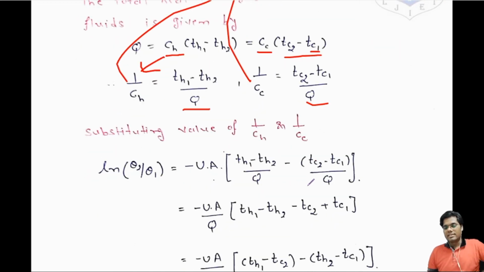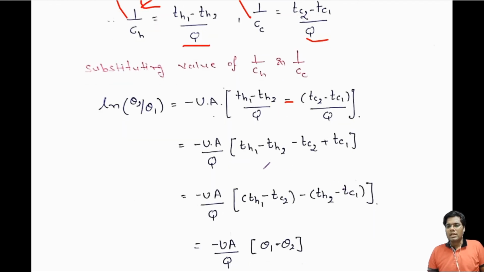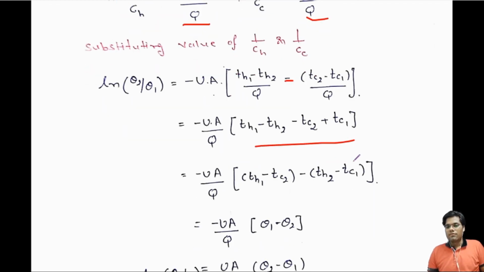So we will get this equation. In this equation 1 upon Q will be common, so in the bracket Th1 minus Th2, this minus, if we open the bracket, this will be minus Tc2 and this will be plus Tc1. With proper arrangement of these four temperature terms, we get (Th1 minus Tc2) minus (Th2 minus Tc1).